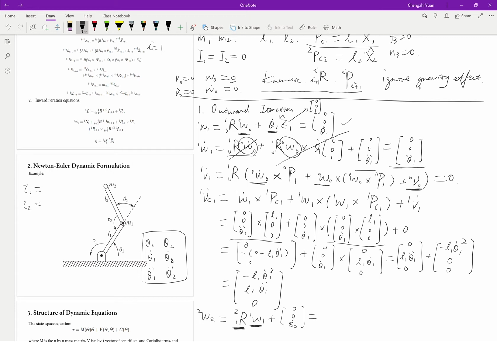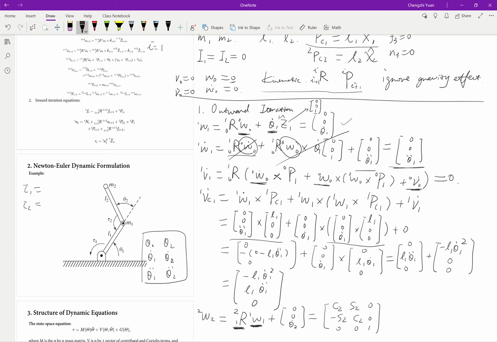The rotation matrix R21 will be equal to C2, S2, 0, minus S2, C2, 0, 0, 0, 1.